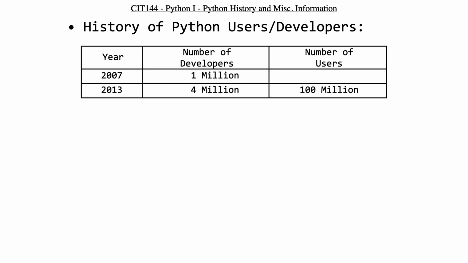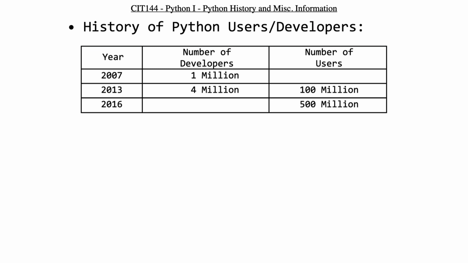6 years later, in 2013, the number of developers was 4 million, and they declared the number of users was 100 million. So people that on a regular basis were executing Python programs. I would have liked to have had a lot more data points prior to that 2013 date, but I just couldn't find them.